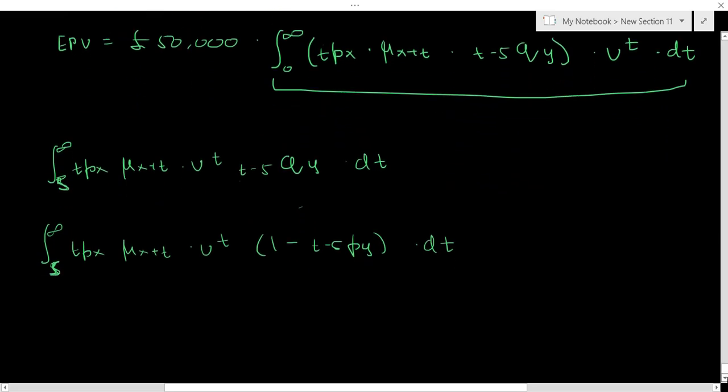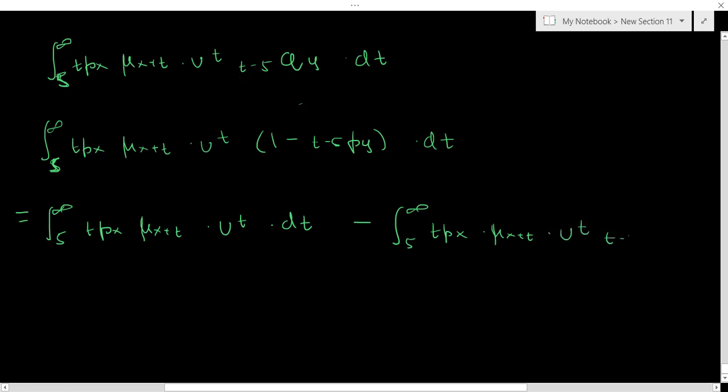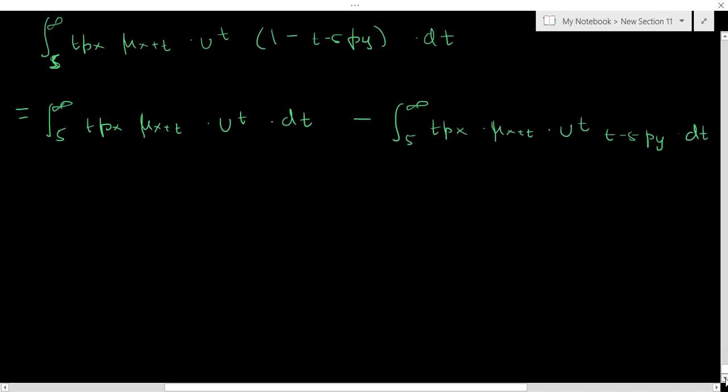So going from 5 to infinity, if I separate this, it becomes tpx into mu x plus t vt dt, and minus the integral from 5 to infinity of tpx into mu x plus t into vt into t minus 5 py dt, right? So these are the two expressions that I have.